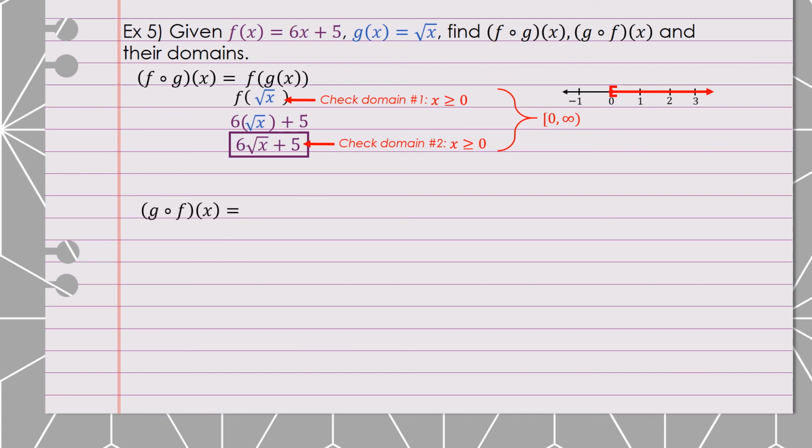Now we're ready to look at G composed of F. Again, because we see that circle, we need to take the time to rewrite this as G composed of f of x. We start with the inside function, which is f of x, or 6x plus 5. Since we introduced a new function, we have to check our domain.